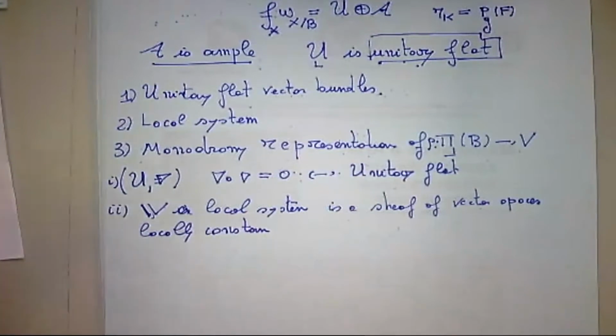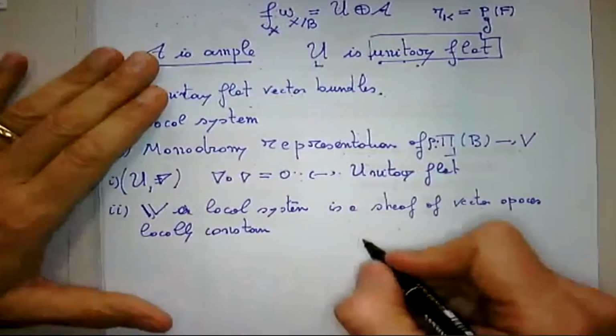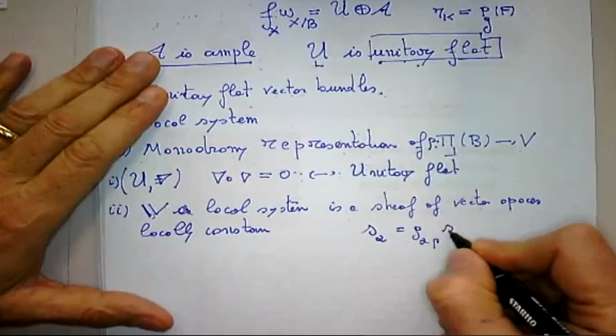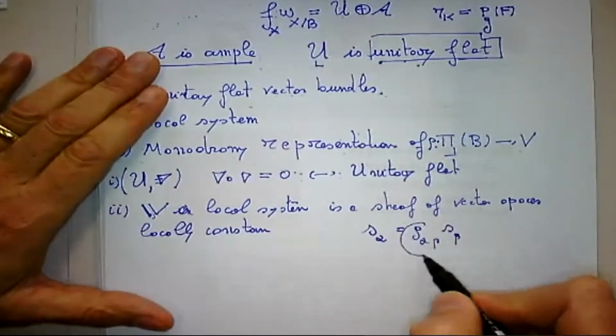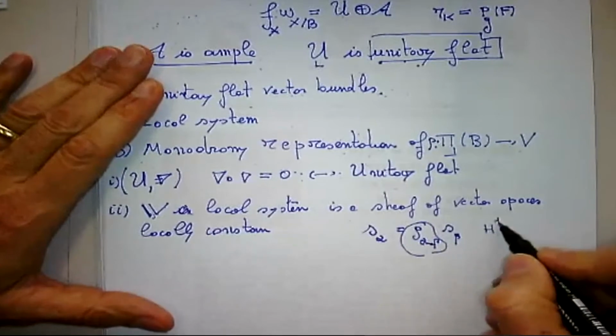So, to have an idea, when you think of locally free sheaves, or vector bundles, you have what you call the cocycle conditions. Now you relate the sections, S alpha equals G alpha beta S beta, and all of you know that knowing the G alpha beta gives an element in H1.